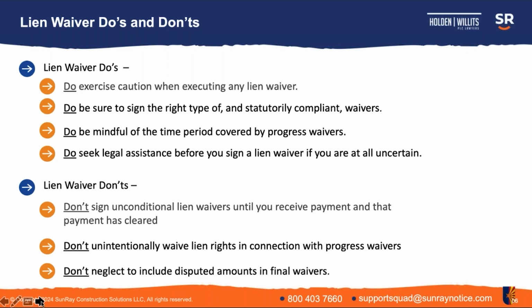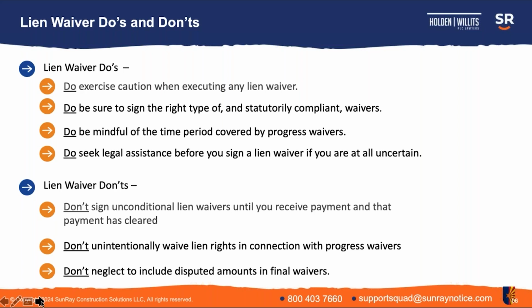Well, then another month rolls by, more work is done. The parties are trying to sort through what's going on with payment application number 3, and the claimant then submits payment application number 4. With payment application number 4, they submit another conditional waiver that has a through date for the work relative to payment application number 4.